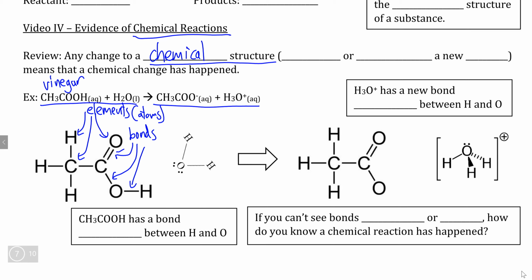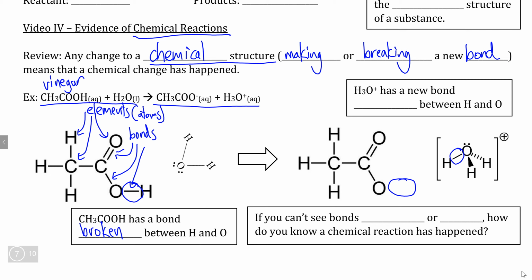So a change to a chemical structure is a change that either involves making or breaking a bond within a compound's chemical structure. And we can see that between the reactants and the products. We can see that vinegar, CH3COOH, has a bond between the oxygen and hydrogen atoms here, but in the products, we see that that bond is missing, which means that vinegar, CH3COOH, has had a bond broken during the chemical reaction, and we can see that that bond is actually found here in water.